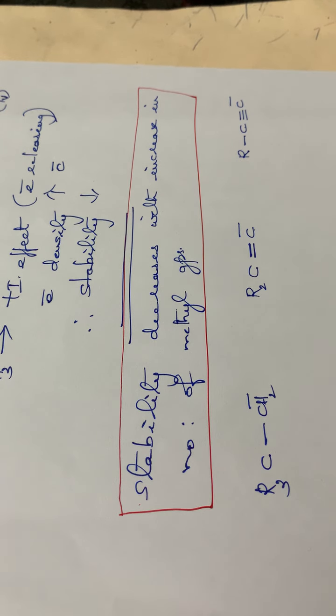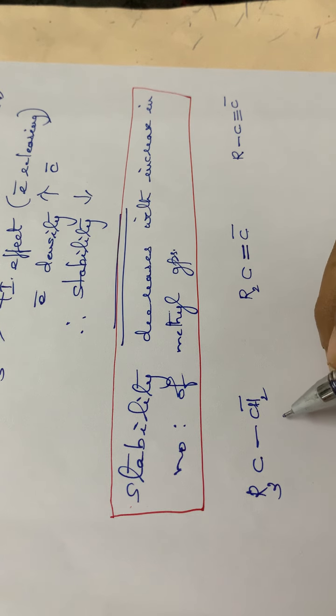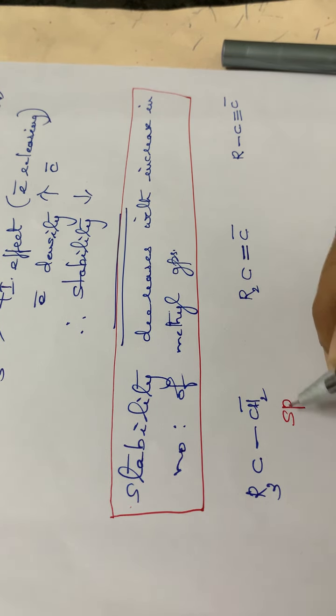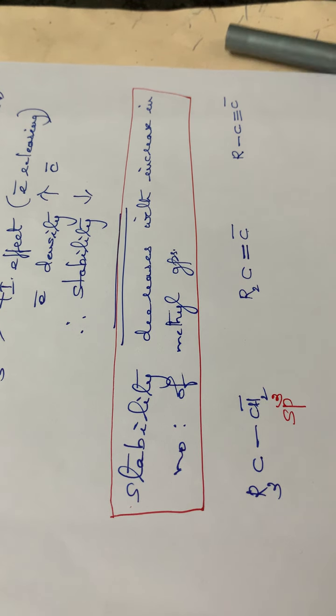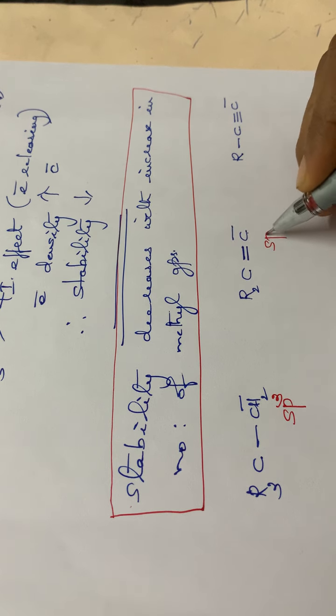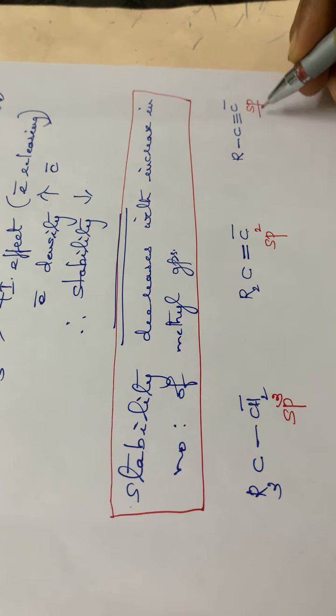First of all, you have to write the hybridization of these carbanions. In CH2 minus, the hybridization is sp3. In the case of double bond C minus, the hybridization is sp2. And in the case of triple bond C minus, the hybridization is sp.